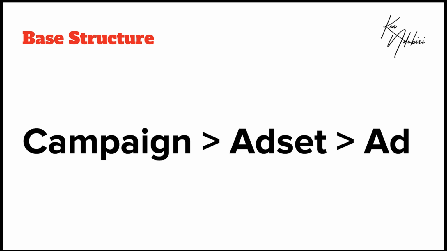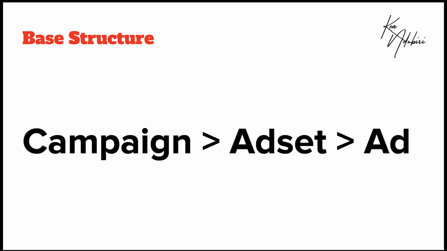Now, you guys know that the base structure of Facebook ads is basically the campaign, the ad set, and the ad. Essentially, this is pretty much how the base structure of an ad is, right? The campaign is where you select the objective for your ad. The ad set is where you select the audience, the gender, the age, and the placement and the budget for your ad.